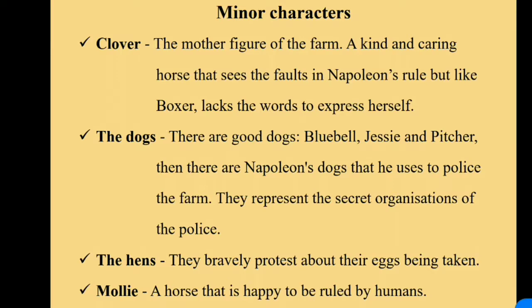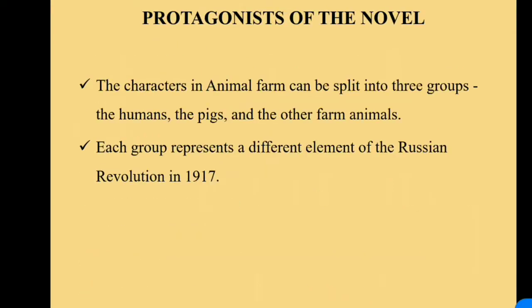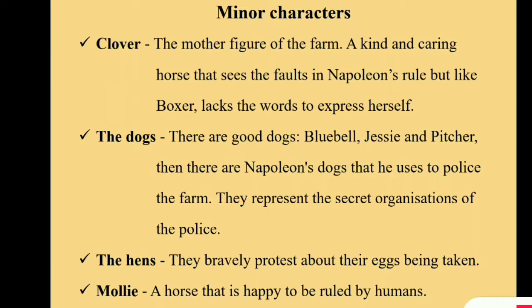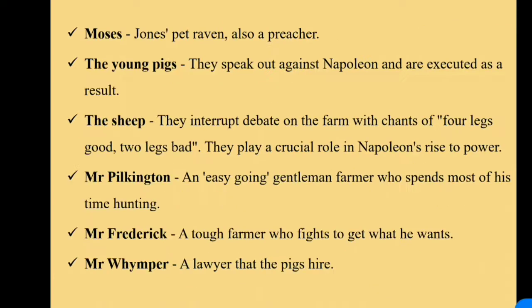This different character sketch shows that different people will have different viewpoint. Okay, therefore there is lots of differences among them. Next we have in the list Moses, John's pet raven, also a preacher.